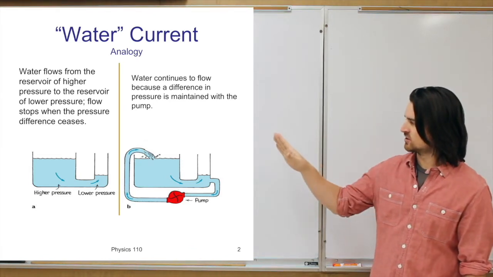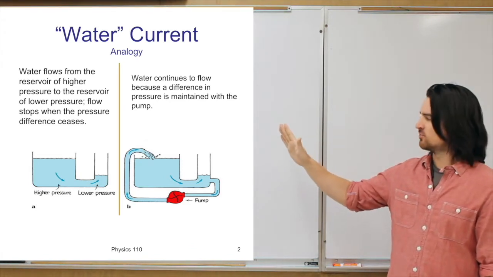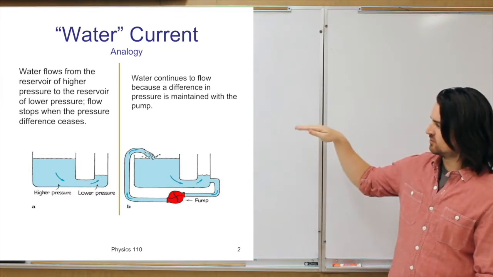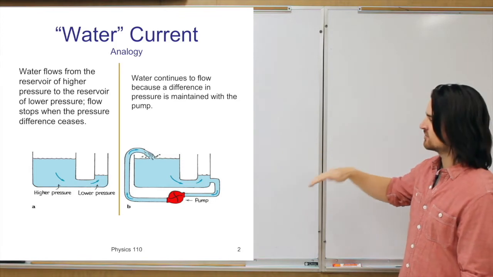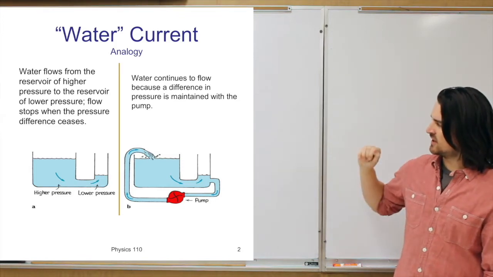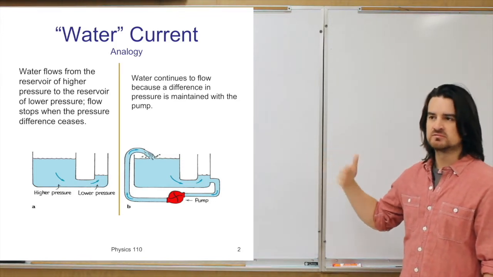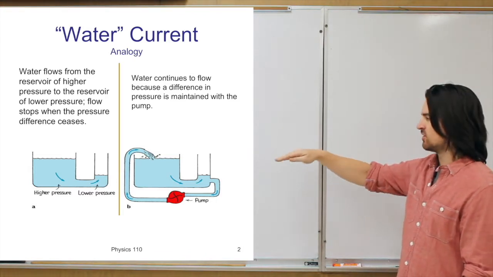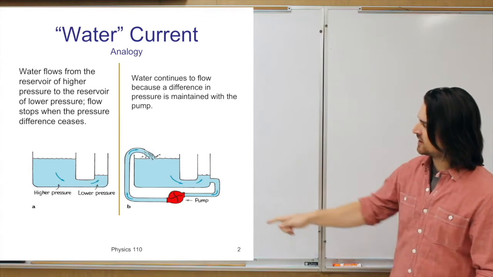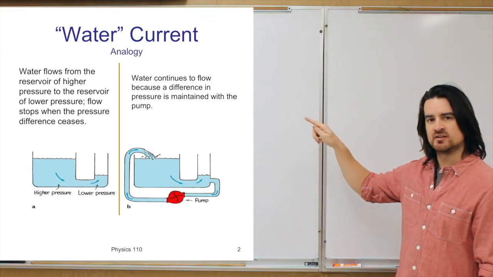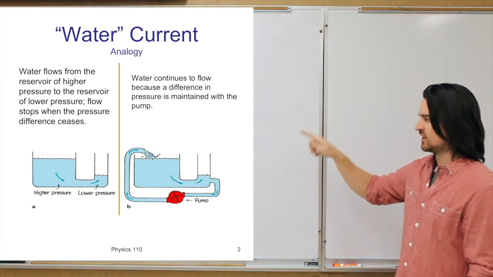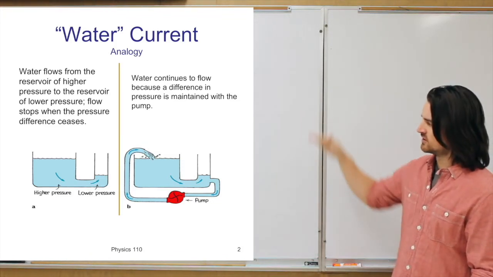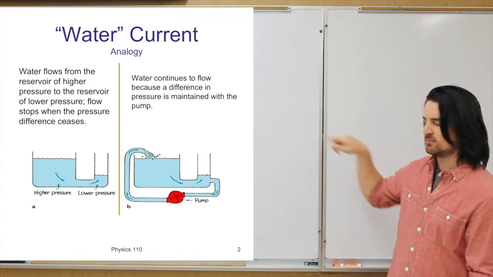The current naturally wants to flow from the left side to the right side as long as those levels are different. But if the pump is pumping at a high enough rate, it will pump that same rate of water coming through that bend back over to the higher pressure side, and keep the water levels at the higher and lower level by continually pumping that water through.